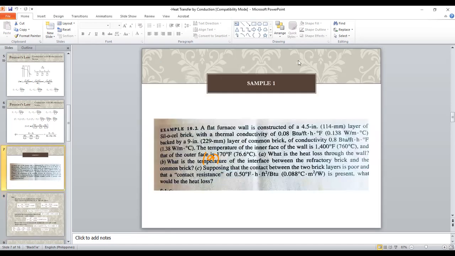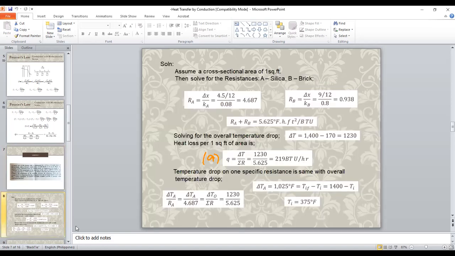Letter B: what is the temperature of the interface between the refractory brick and the common brick? So this one now answers letter B. Your refractory brick is your single-cell brick, and your common brick, of course, is the next one. Okay, so this is A and this is B.